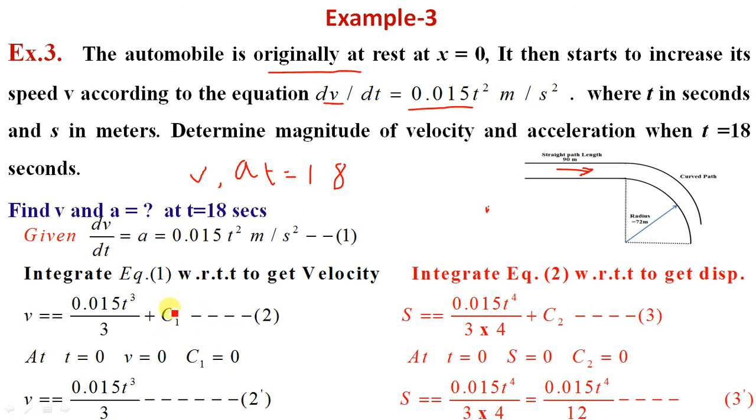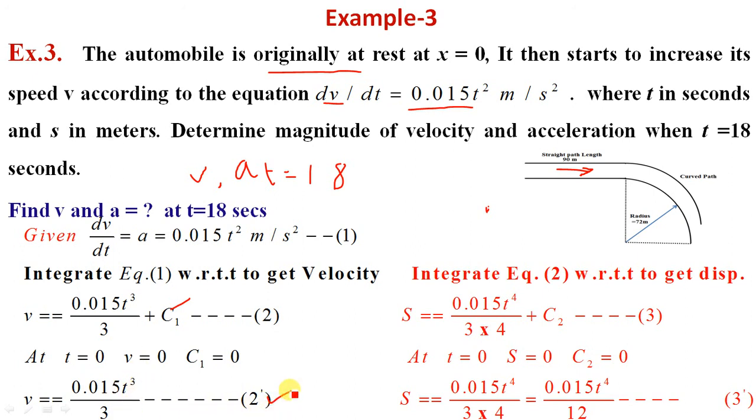Now in order to find out the constant of integration, we have to use the given condition: at t equal to 0, x is equal to 0, and velocity is also 0 because it is starting from rest. Substituting t equal to 0, v equal to 0, you will get c1 equal to 0. So your equation of velocity is v equal to 0.015 t cube upon 3.